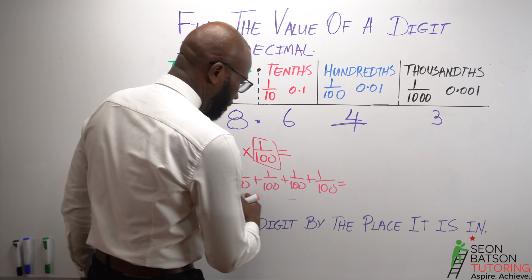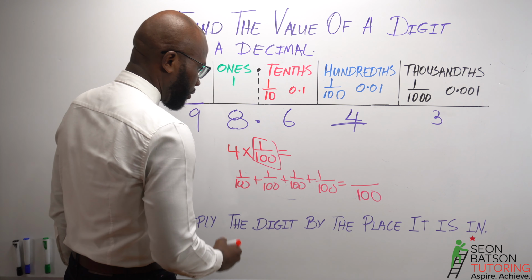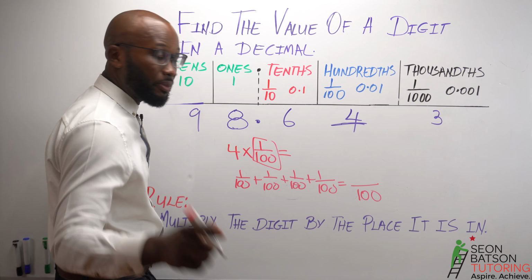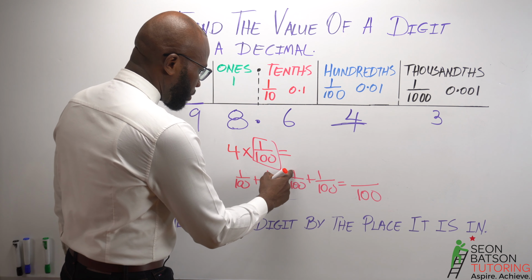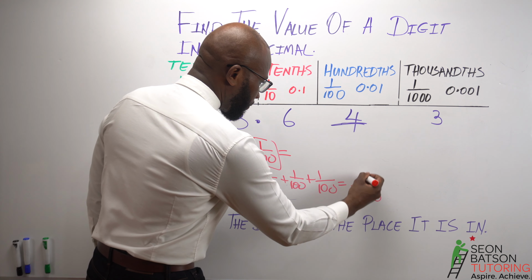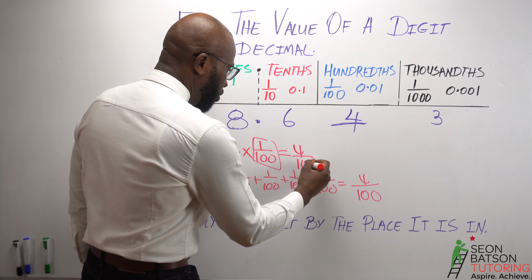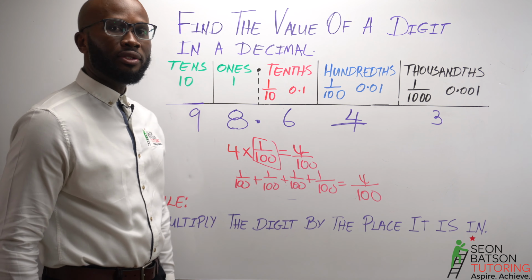We can add because the denominators are all the same, so the denominator will remain 100. We never add the denominators, we only add the numerators. 1 plus 1 is 2, plus 1 is 3, plus 1 is 4. So as a fraction, the value of our 4 is 4 hundredths or 4 over 100.